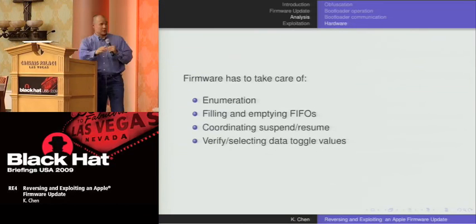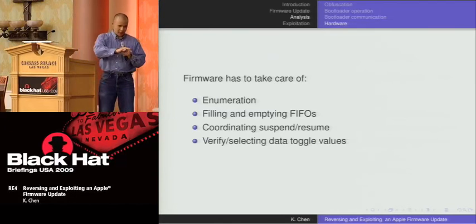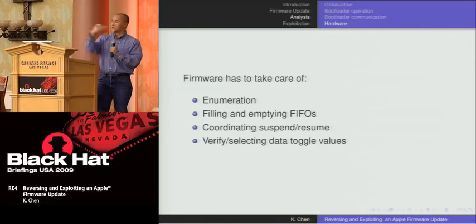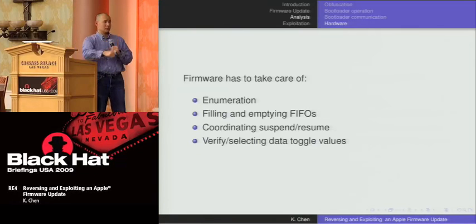But what the firmware has to do is enumeration. Enumeration is the process where, when you plug a USB device into a computer, the host computer interrogates that device to learn more about it. We also have to take care of putting the data into the FIFOs, the endpoint buffers.